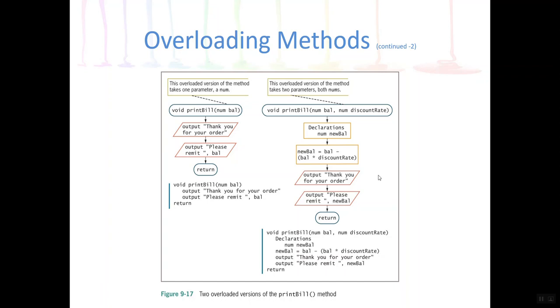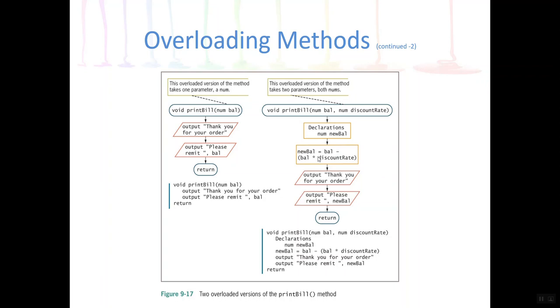But there may be times when we want to print the bill, but in addition to the balance, we have a discount rate that we want to apply first. So we might have another version of print bill. Also doesn't return anything, has a void return type, but notice the parameter list differs. In this case, we have two parameters, and they are both numbers, but one represents a balance and one represents a discount rate.